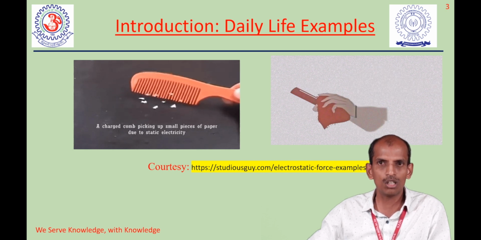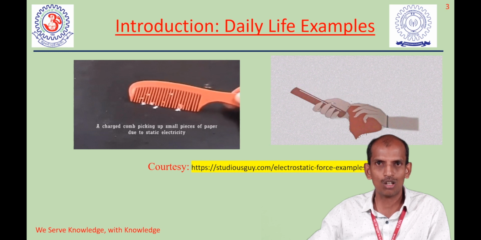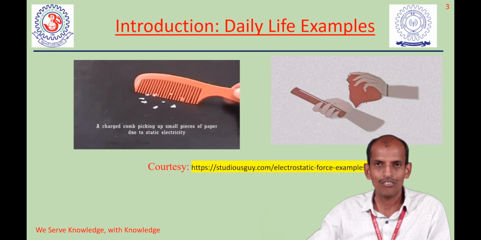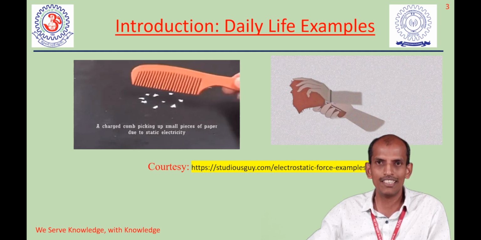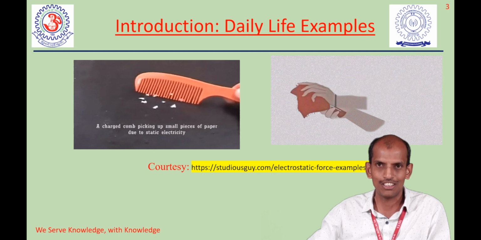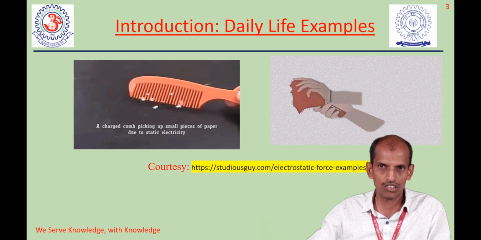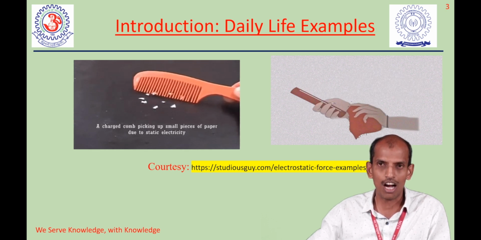So for the time being, as you can see on my slide, the daily life example of charge. In our childhood, many of us have played it. You rub a comb with dry hair. What happens? When you rub a comb with dry hair, the comb gets charged. Some of the electrons from our hair get transferred to the comb and it becomes negatively charged.